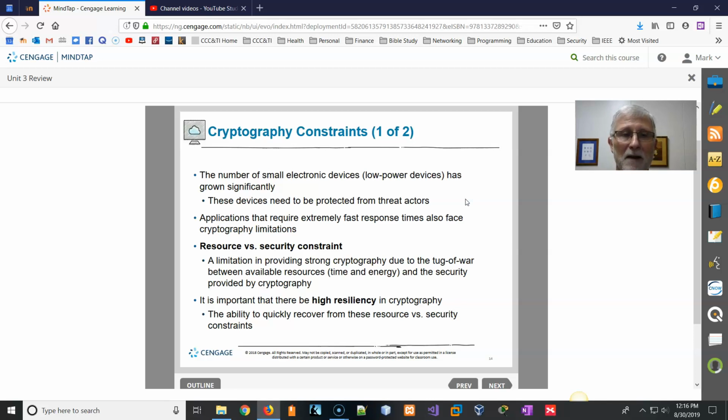Based on resources and security constraints, it's always a tug of war between available resources like time and energy and the security provided. What is important is that there's a high resiliency to cryptography. It's the ability to recover quickly from these constraints.